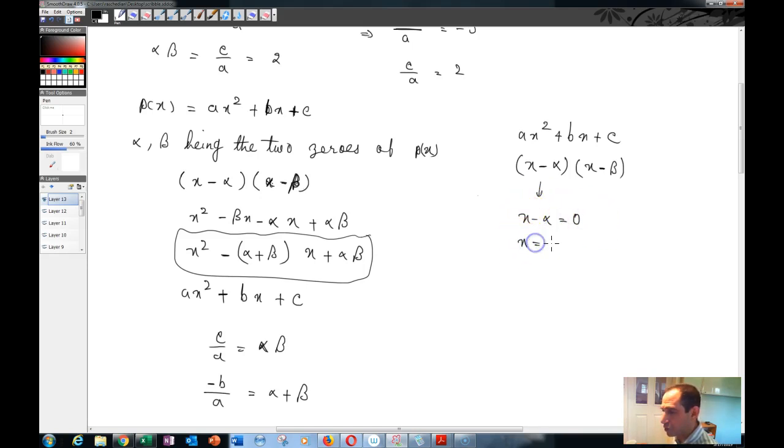So in this equation, x is equal to alpha, and in this equation, if you equate that to 0, that will give you x is equal to beta. Okay, so that's basically why you can write this equation as x minus alpha times x minus beta.